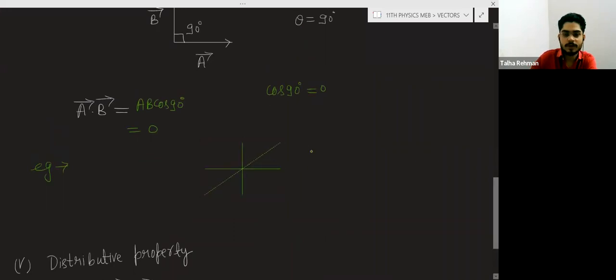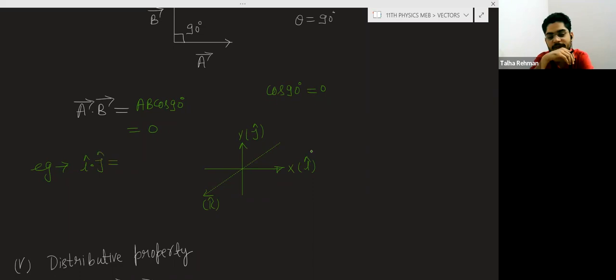Now take this example. This is the x-axis, and along the x-axis the unit vector is I cap. Along the y-axis the unit vector is j cap. Along the z-axis the unit vector is k cap. If you calculate I dot j, the dot product of I vector and j vector, what is the formula of dot product?